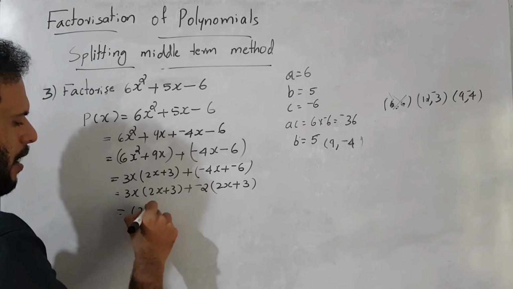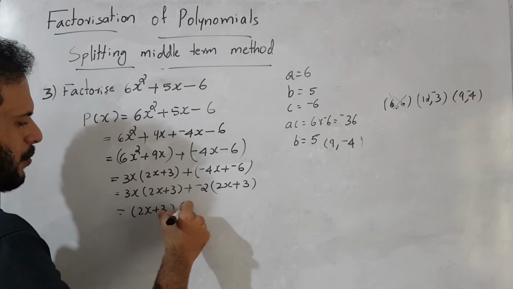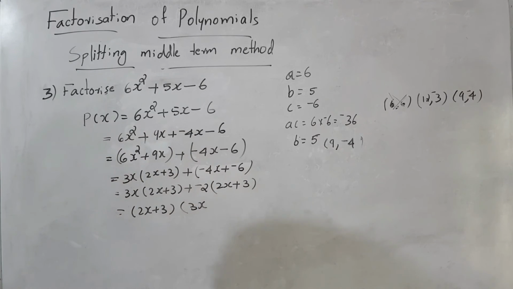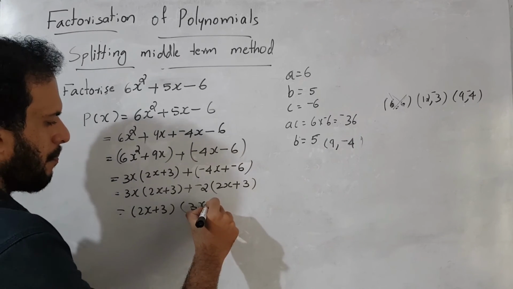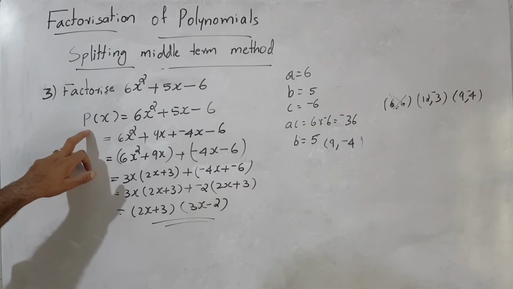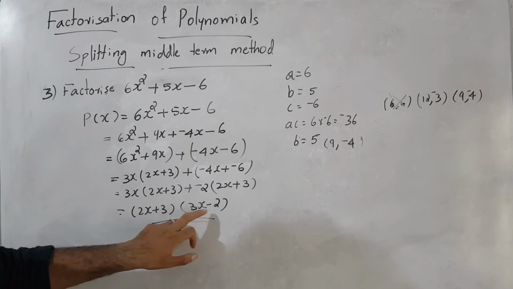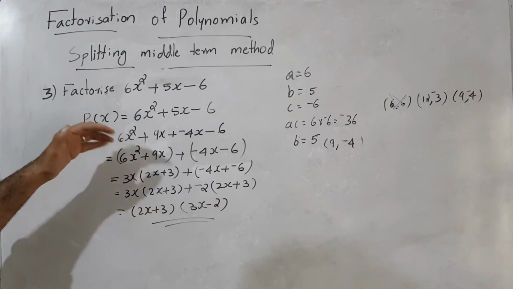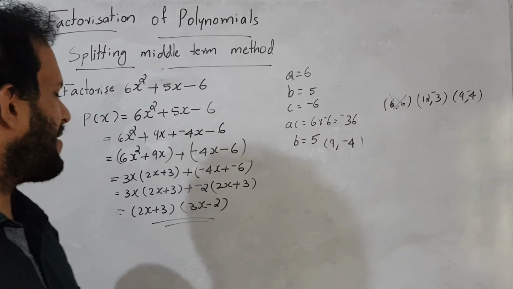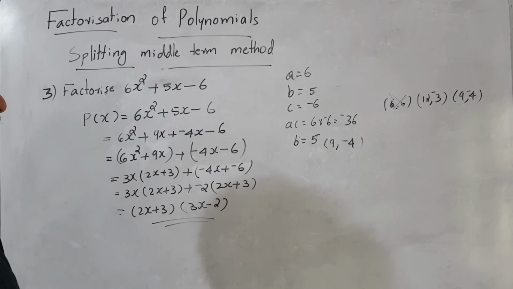Then we take 2x plus 3 out, into 3x plus minus 2. 3x plus minus 2 is the same as 3x minus 2. So, what are the factors of p of x? 2x plus 3 and 3x minus 2. So we factorize p of x, which is 6x square plus 5x minus 6, as the product of 2x plus 3 and 3x minus 2.